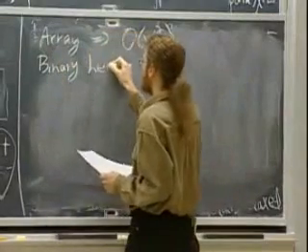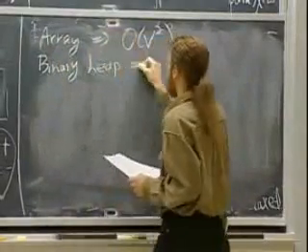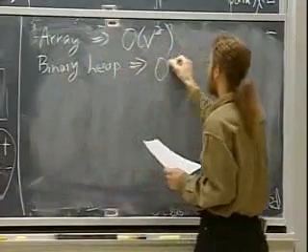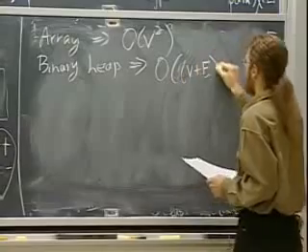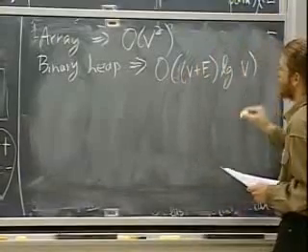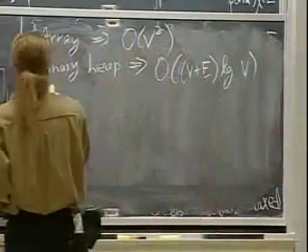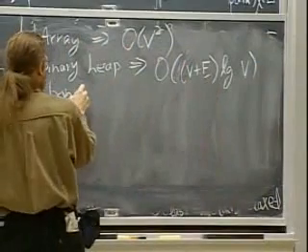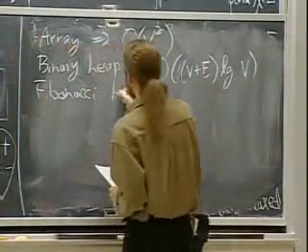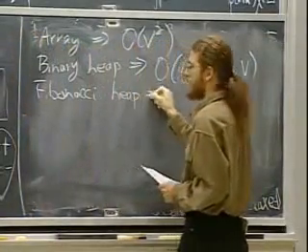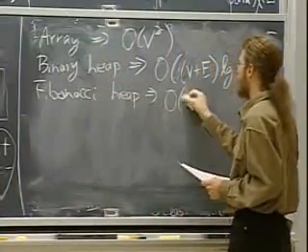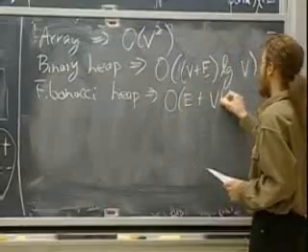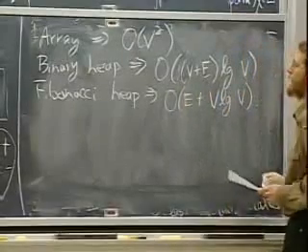If you use a binary heap, which we know and love, then we have order log V for each operation, and so this is V plus E log V. And if you use this fancy data structure called a Fibonacci heap, you get constant time decrease key amortized, and you get an E plus V log V worst case bound on the running time.